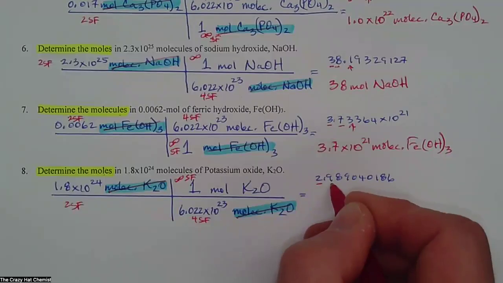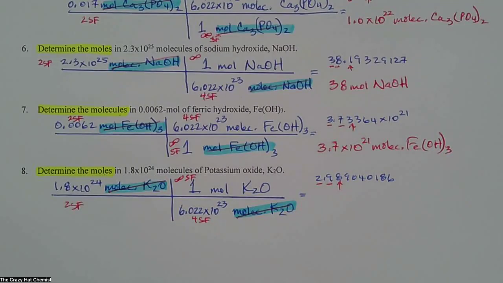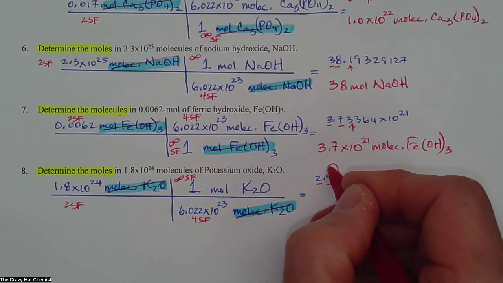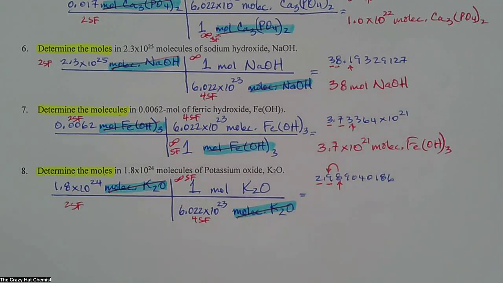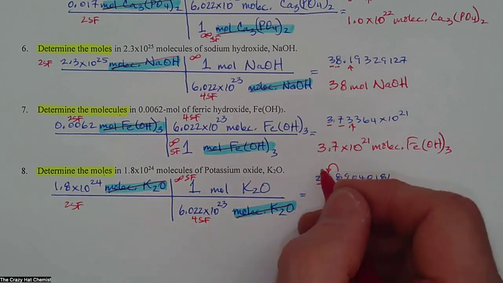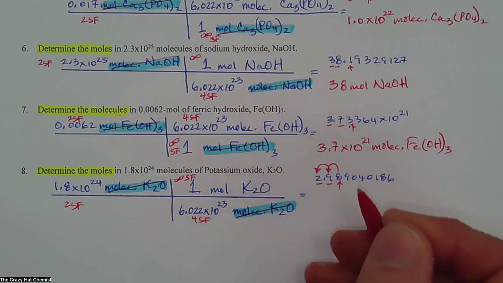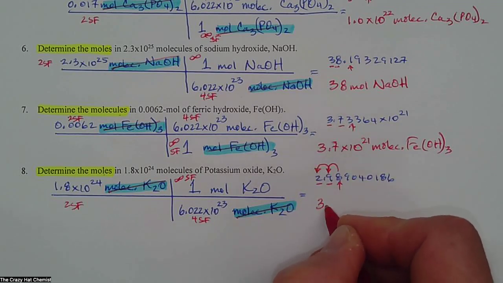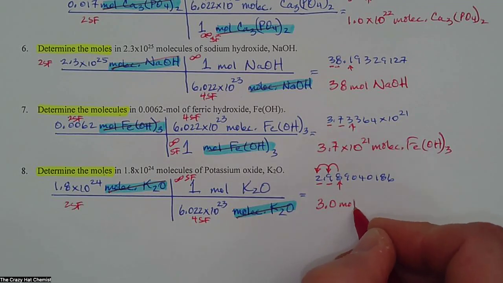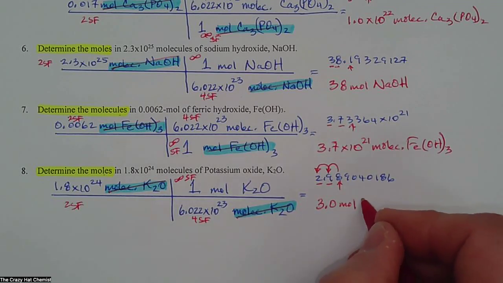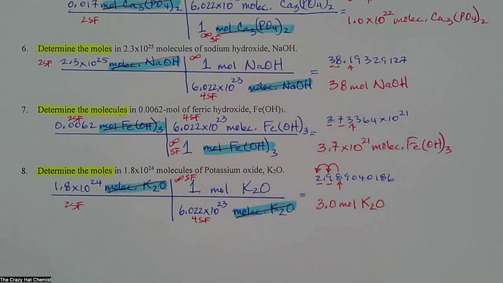So we're going to round this to two significant figures. I'm rounding with that 8. That 8 is going to add 1 to that 9. Oh my, that 9 becomes a 10. I'm going to add 1 to the next digit. It'll be 3.0 because I need 2 significant figures. Moles. Those are the units that don't cancel out of potassium oxide. And then that is my answer.